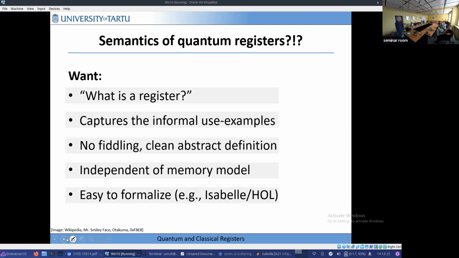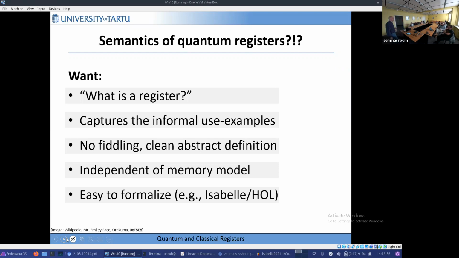I want a clean abstract definition, not something like a register is internally a tree of projectors or unitaries or whatever. I would like it to be independent of the memory model that I start with. So it shouldn't matter whether I have defined things as a tensor product of several things, and the registers are like these tensors. If I have written it in an isomorphic way, I should still be able to refer to the parts of the memory and not be stuck with that.